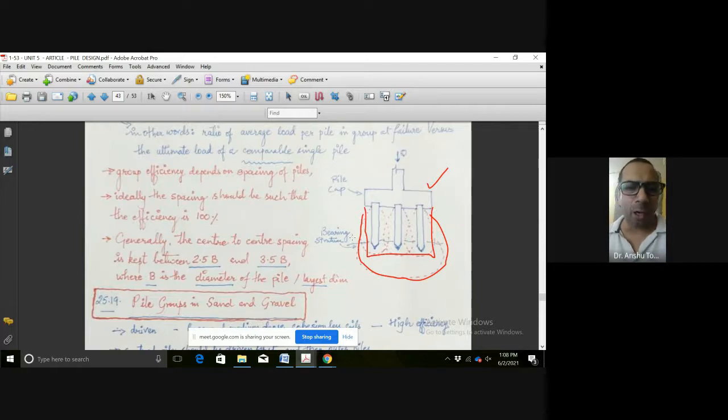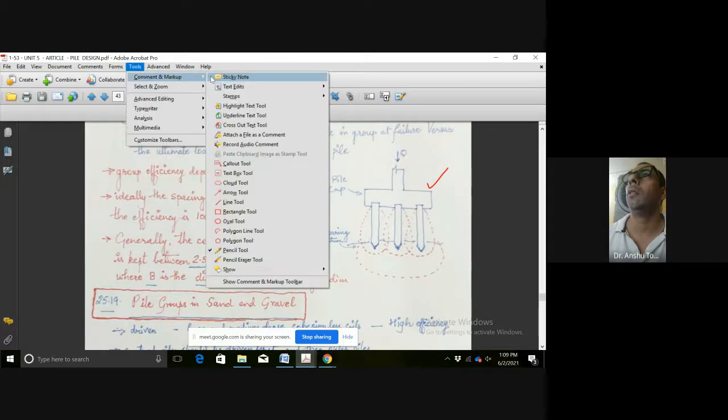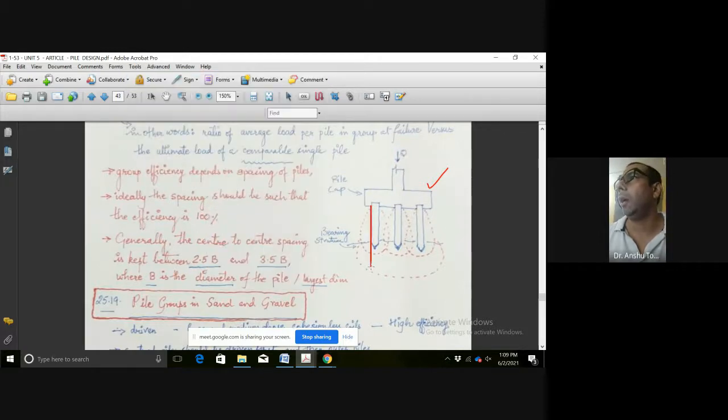So the perimeter of this block is going to decide. Most of the time we take it from here. This length from here to here is going to be used for the perimeter of the block.